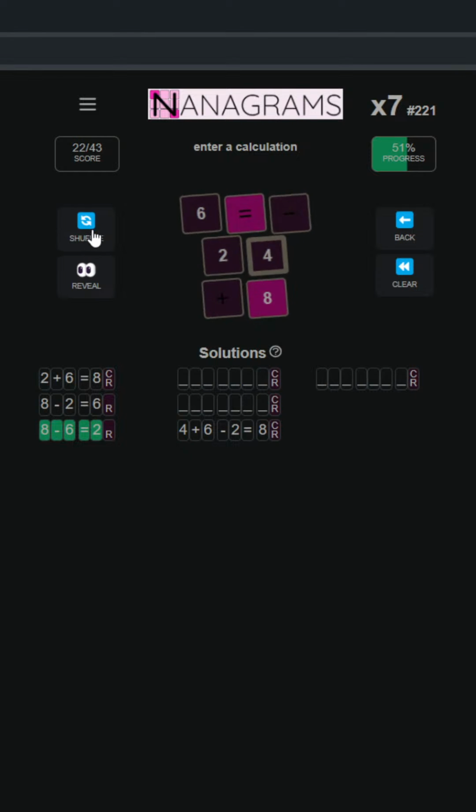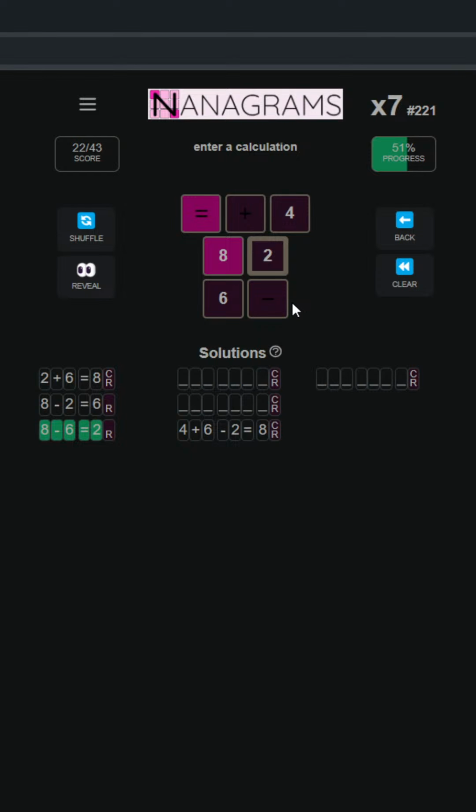Let me shuffle, might give me some ideas. We could try being a 2-digit number. 6 plus 8 is 14. 6 plus 4 is 10. That's equal... No. We can't really do much with 2-digit numbers here, actually.